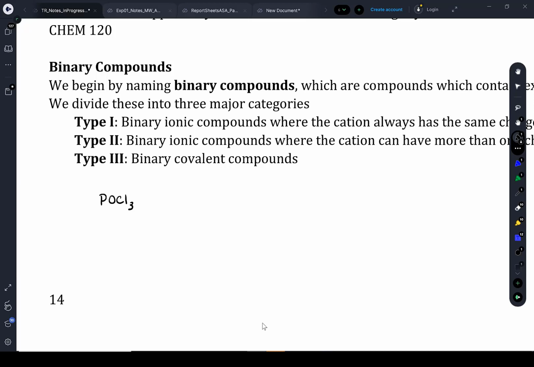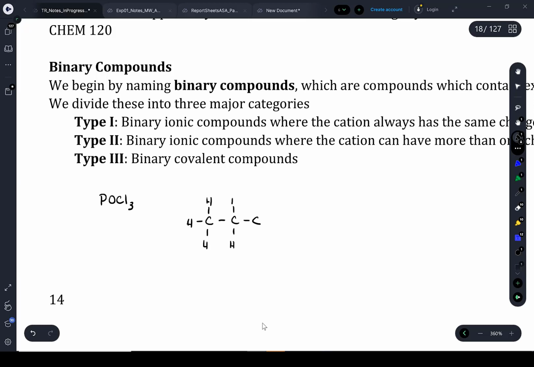We also won't be able to name this compound. In other words, you might be tempted to call it tricarbon octahydrogen or something like that, octahydride.